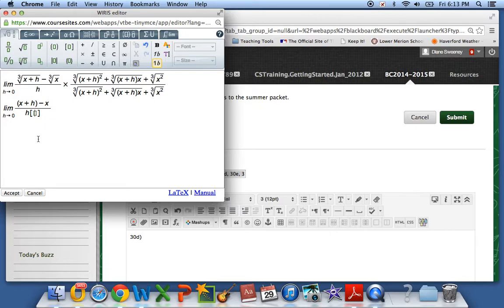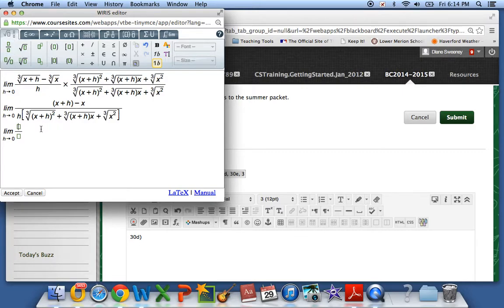Okay, there we go. Once again, I need to be more patient. Okay, and now let's clean this up. Our next line again is going to have the limit statement, because that always is an inherent part of a derivative definition. We're still stuck with a fraction.